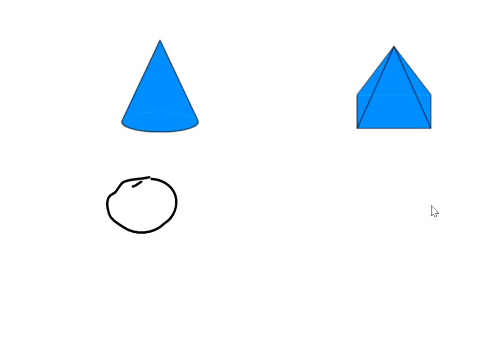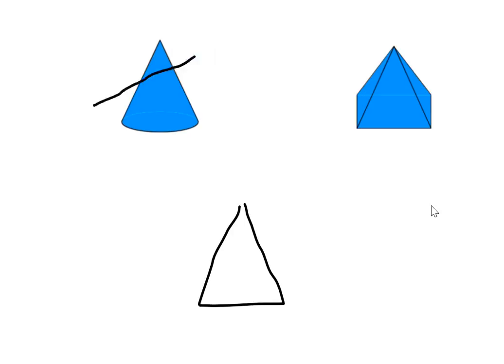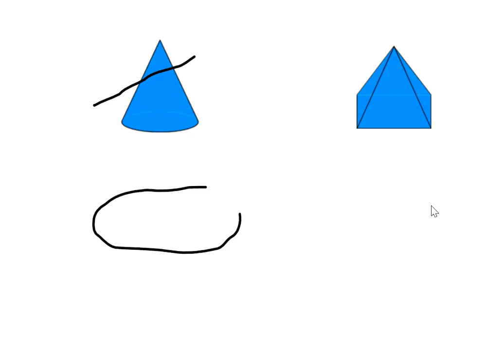If I sliced it vertically, straight through the vertex here, and opened that up, I would see an isosceles triangle. And the last one I've got would be something along these lines, where it's kind of horizontal, but more diagonal than not, I would see an oblong shape here, or an ellipse.